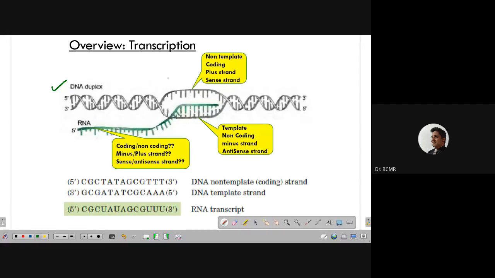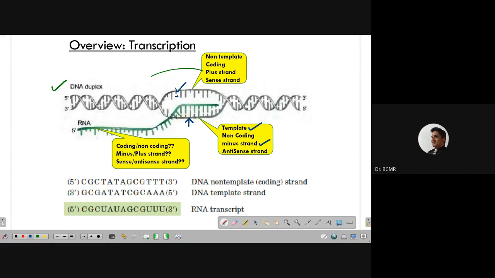In this, if you focus just on this location, you will see that this is the template strand. DNA, that is the template strand. That is template, it is minus, because it is producing the sequence that is present on this one.